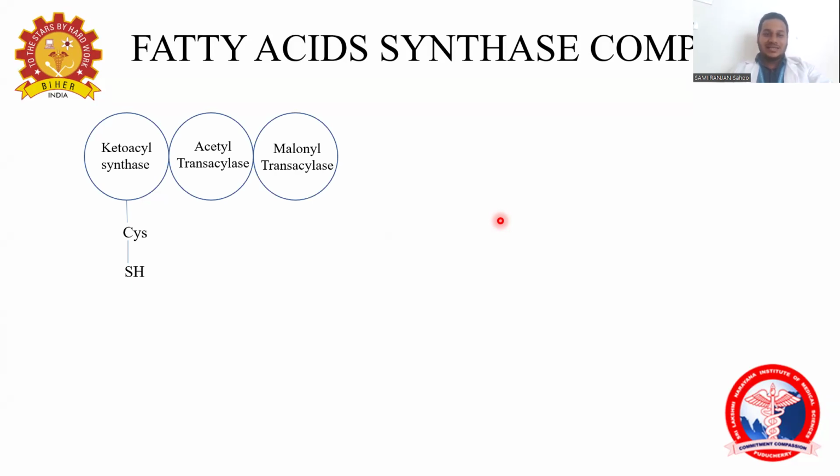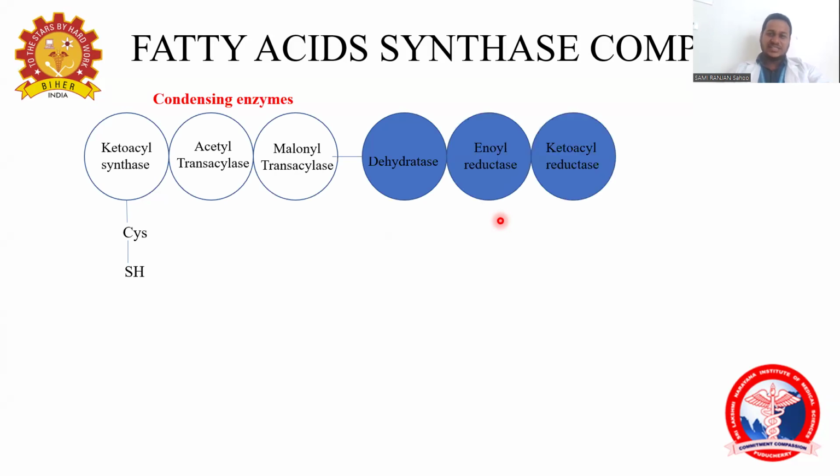Ketoacyl synthase, acetyl transacylase and malonyl transacylase combine to form the condensing enzyme. Along with that, we have dehydratase, enol reductase, ketoacyl reductase, and ACP, which is acyl carrier protein. Along with acyl carrier protein, we have 4-phosphopantetheine and a sulfhydryl bond.